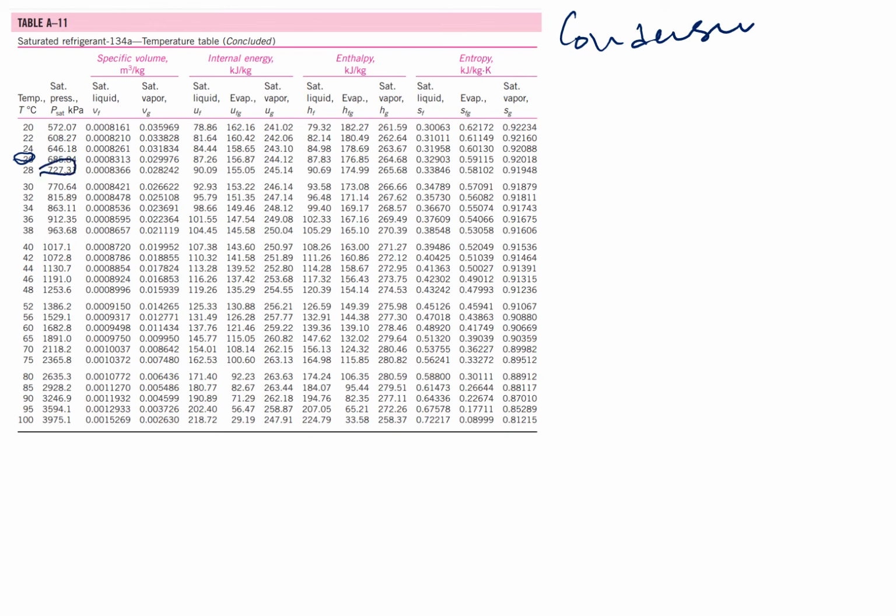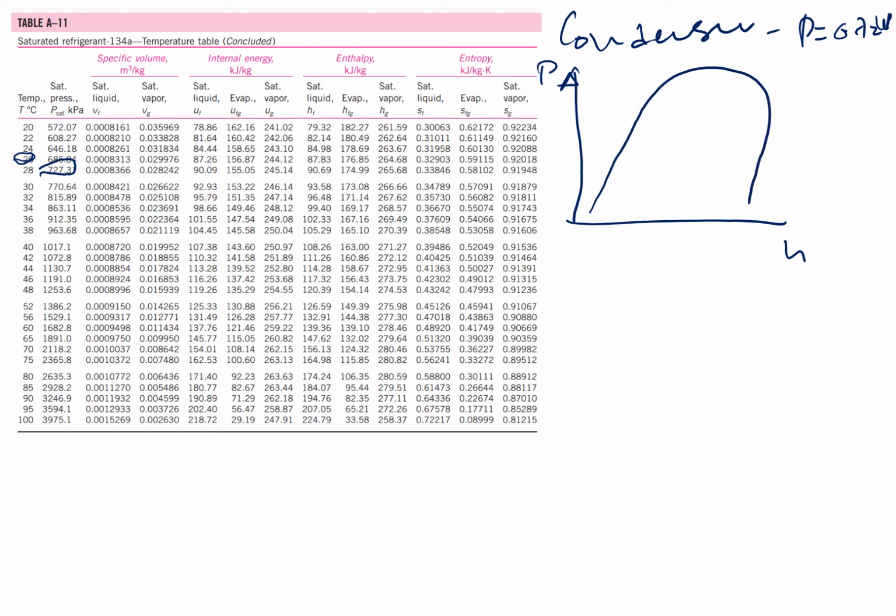Okay, because if you look on the temperature, pressure is equal to 0.72 MPa, but in these conditions, you're going to have the pressure enthalpy diagram where the diagram is like that.